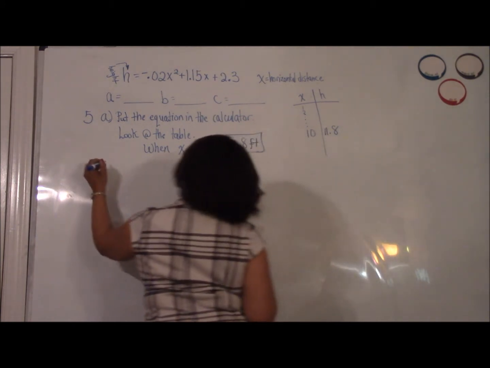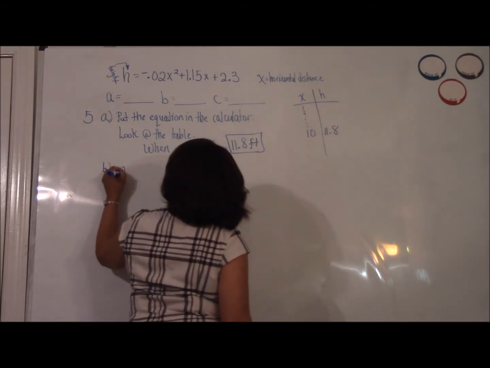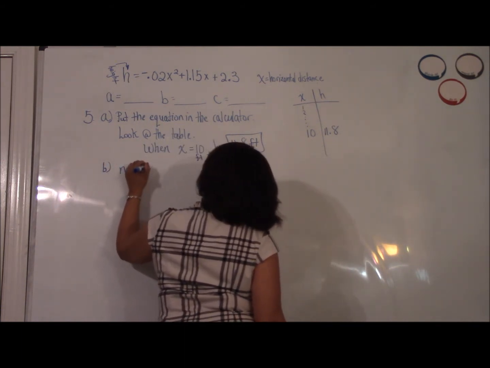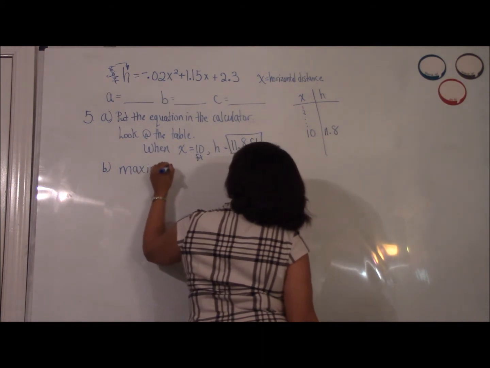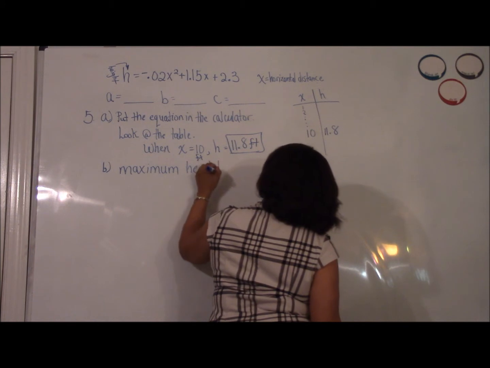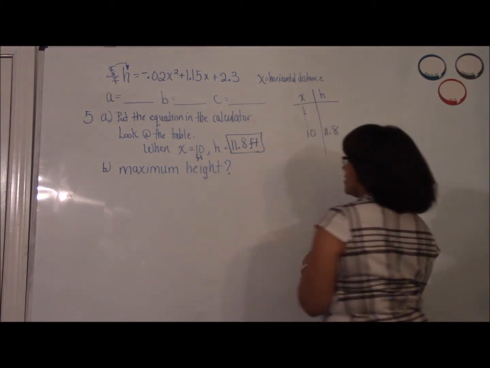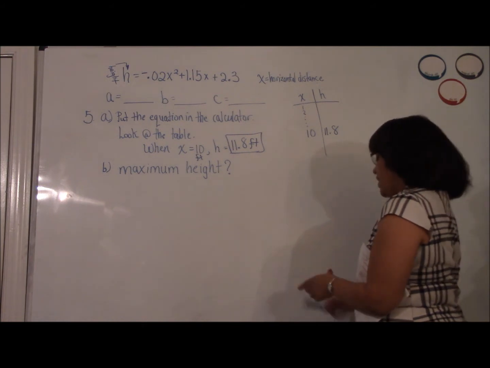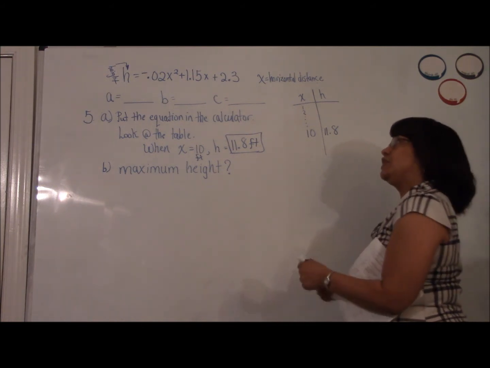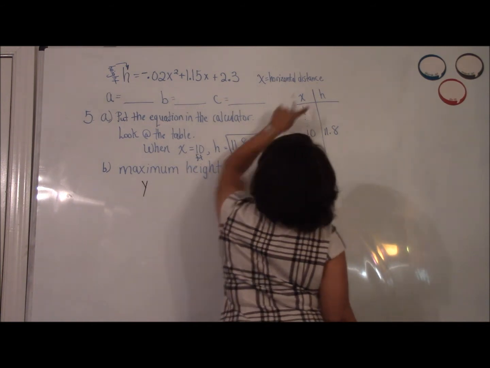Now let's go for B. What is the maximum height? For maximum height, what are they really asking you for? Right. They're asking you for the vertex, but what part of the vertex? Right. They're asking for the y coordinate of your vertex. Because y is represented, the h is your y coordinate.